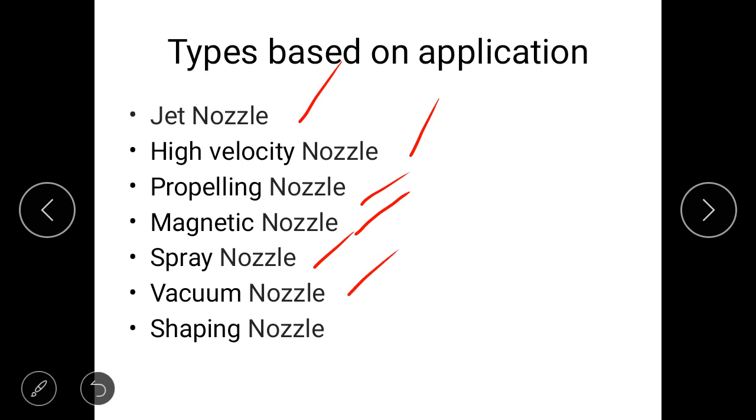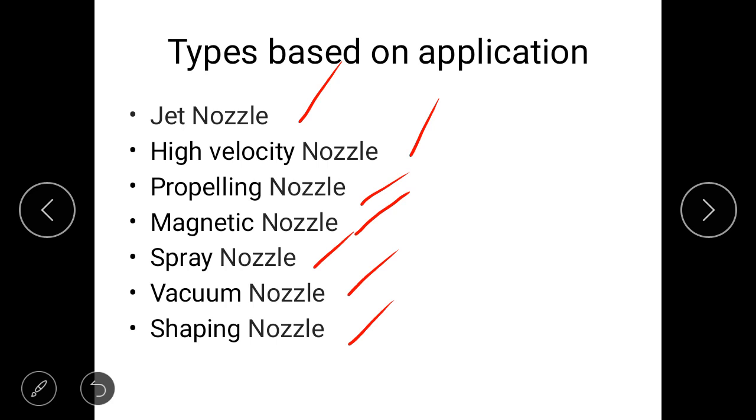Next one is the vacuum nozzle. The vacuum nozzle is a very important nozzle that is used to transfer more power by means of a suction pump. It will supply air and it is used to clean the inner surface of IC engines. The last one is the shaping nozzle.